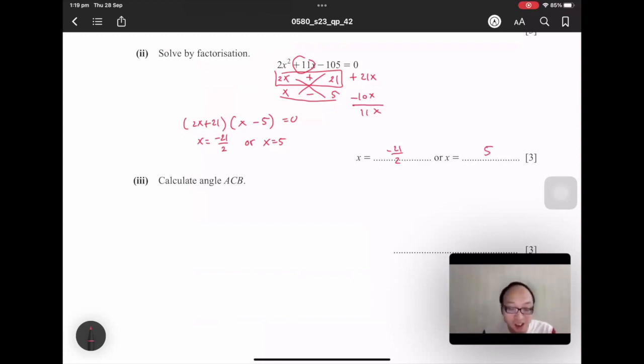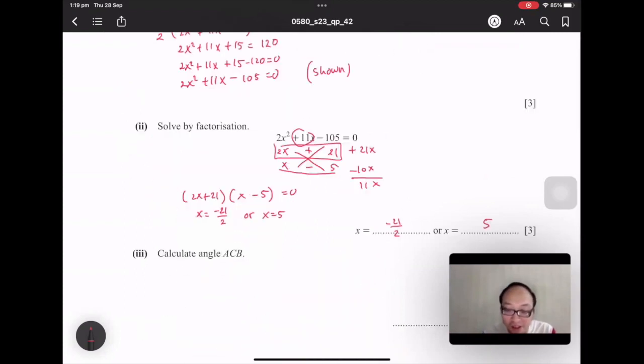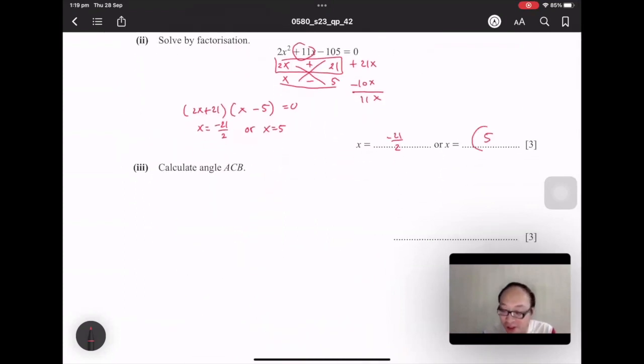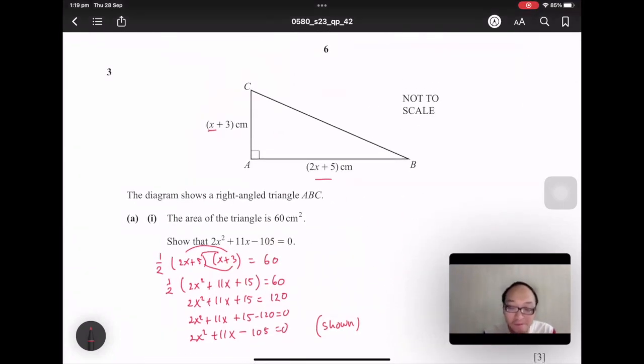Calculate angle ACB. So the angle of ACB, so we have to use x equals to 5 here. So that means this will be 2 times 5 plus 5 equals to 15. This one is 5 plus 3 equals to 8.